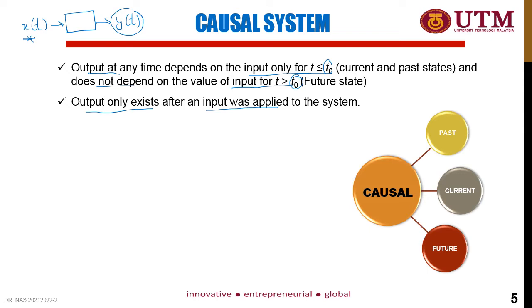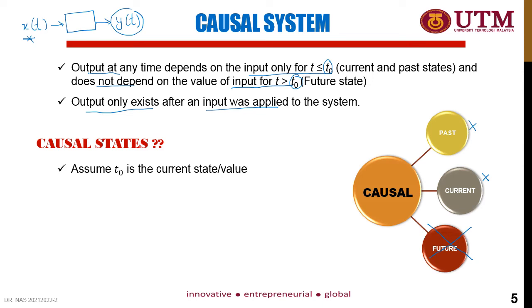Okay, the system is said to be causal when you have the past states and the current state, but there is no future at all in a causal system. So what are the causal states?